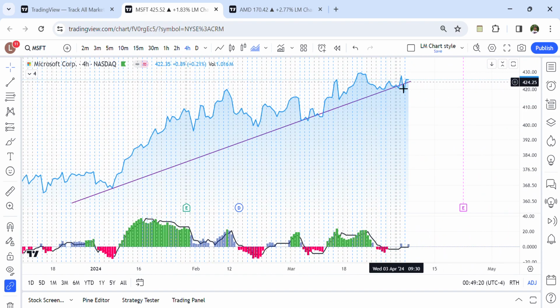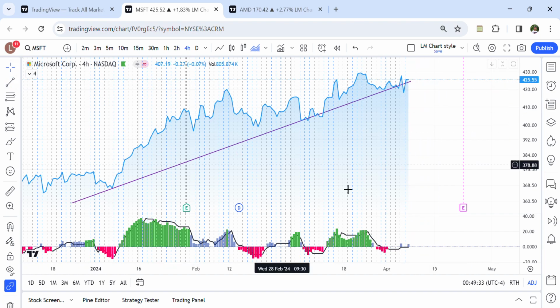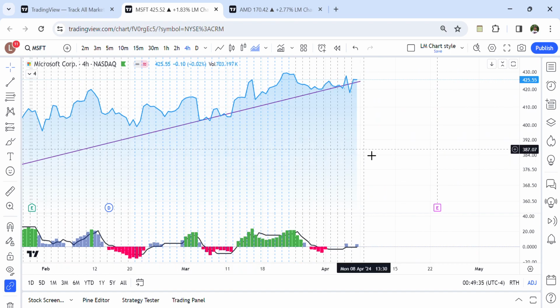So here if you see, it broke but it did not sustain. Again it went back above the uptrend line. Okay, uptrend line. So now if you ask me on a 4-hour basis, your next entry on Microsoft might be near 422 or something.